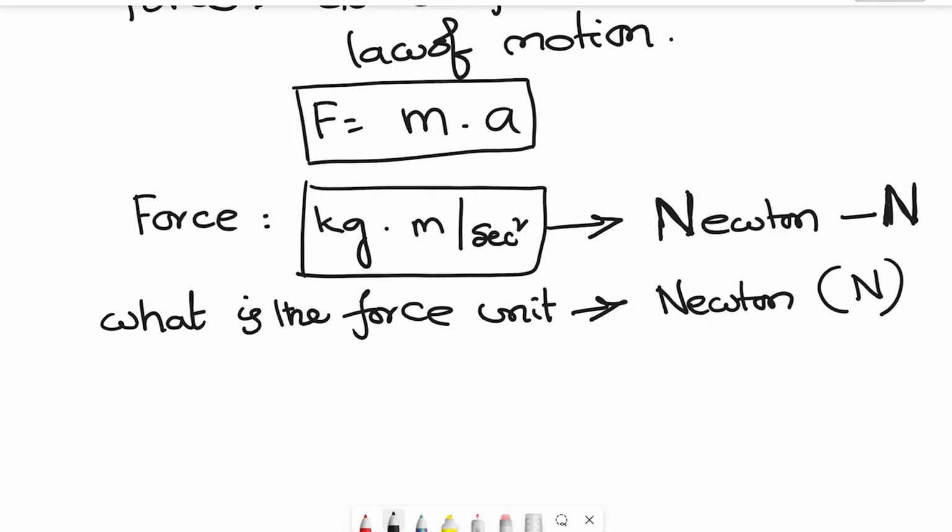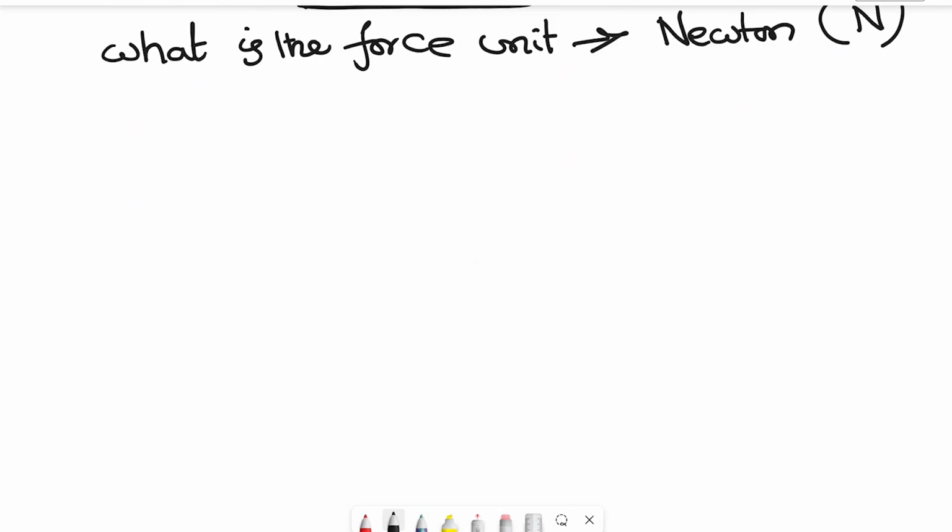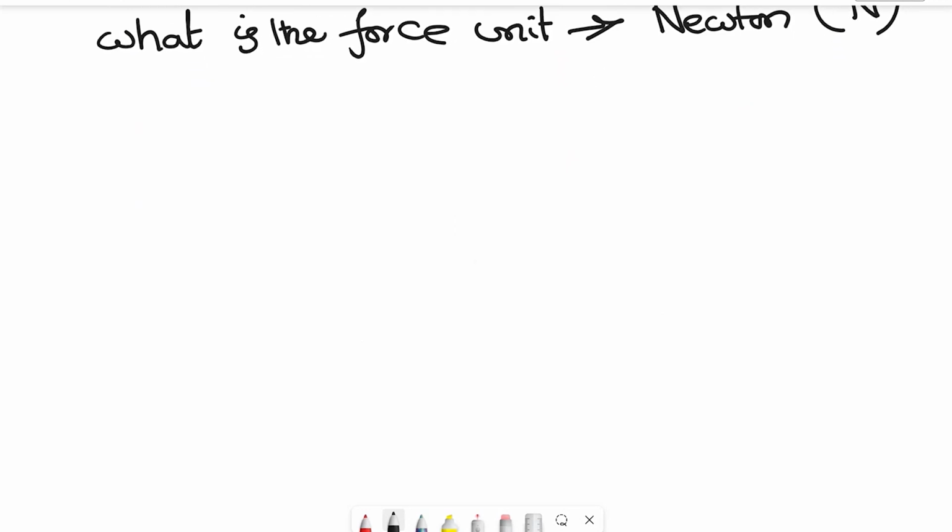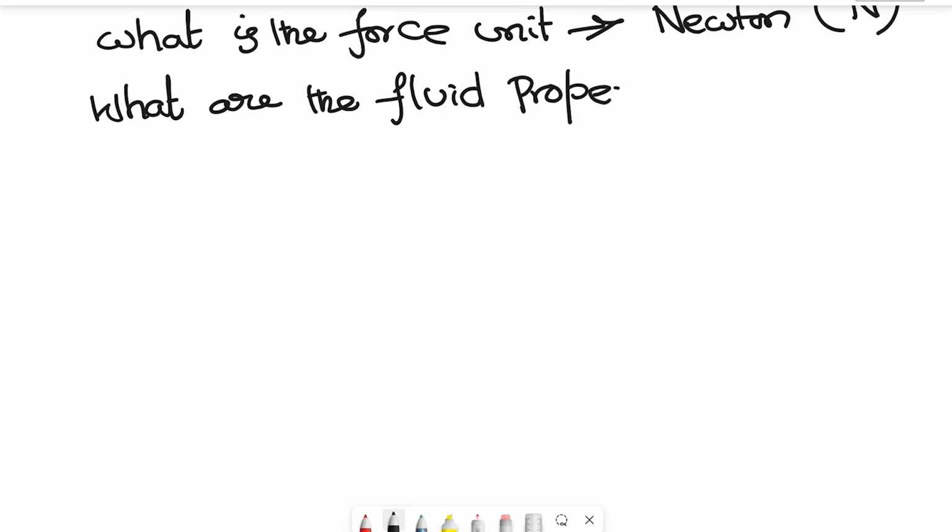With this, we will naturally go into the fluid properties. Before I take you into fluid properties, I will just name them in today's class and stop there. What are the various fluid properties we study?